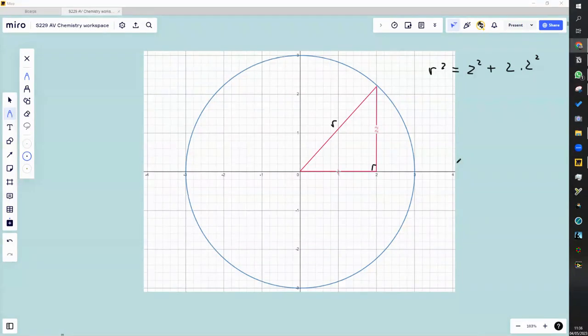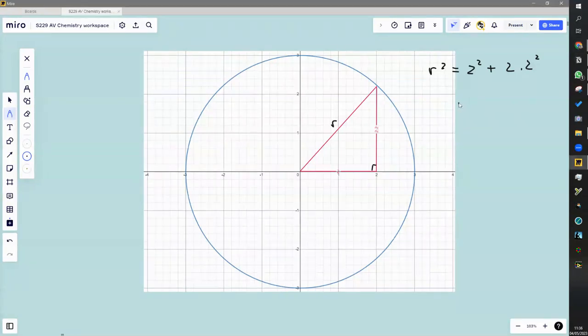I'm sure it's not exactly 2.2, but it's roughly 2.2 by sight. So if we rearrange this, r is going to be equal to the square root of 2 squared plus 2.2 squared.